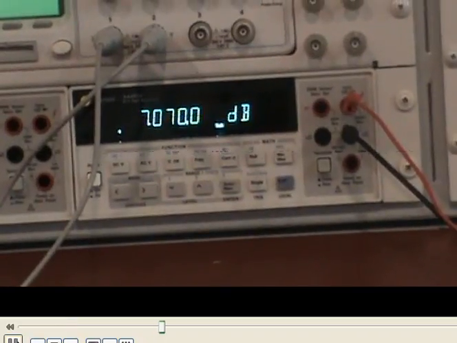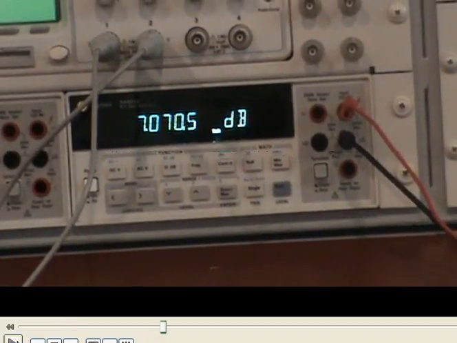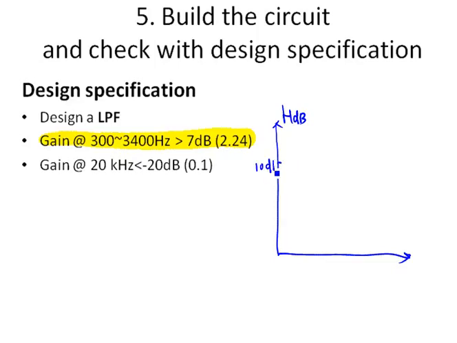So let's check with 4 kilohertz. At 4 kilohertz, the gain of the circuit is 7.07 decibel. So that means starting from 0 to 4 kilohertz, the gain of the circuit is above 7. So the first design specification is met.